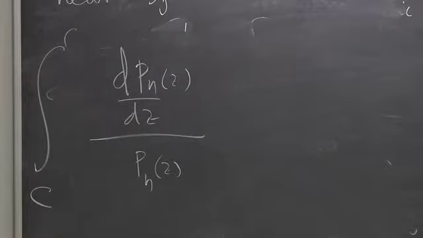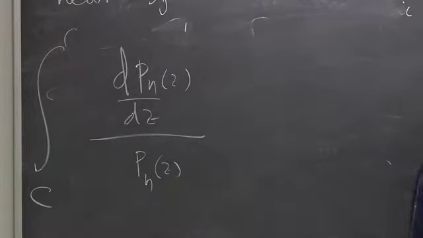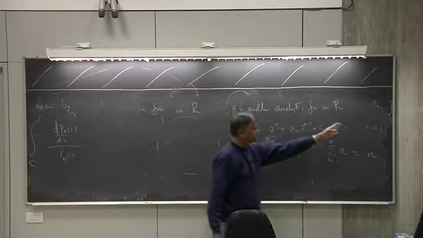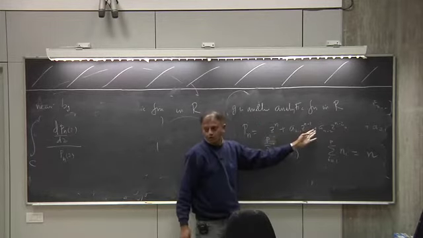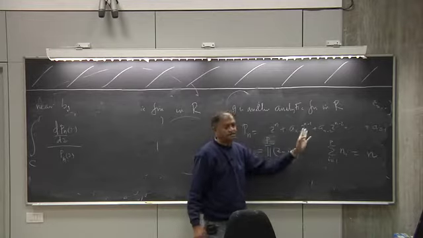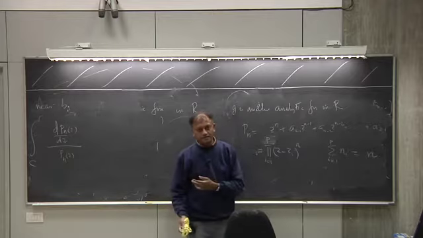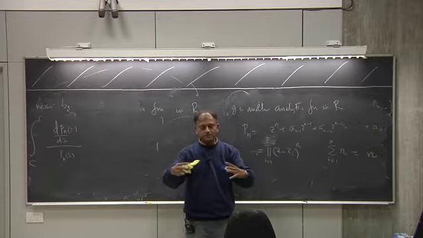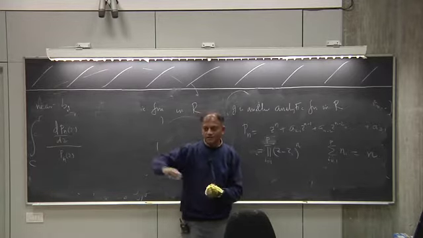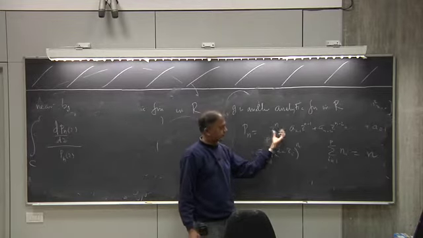Notice the following: look at where this can vanish. This has certainly no pole, it is an entire function, so the only thing that can happen is you can have zeros, right. But where can the zeros be? Surely the zeros must be in some finite region, because as z goes to infinity, this term dominates compared to all the other things.